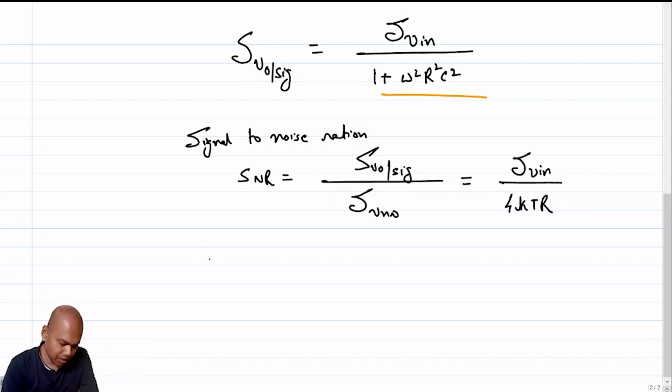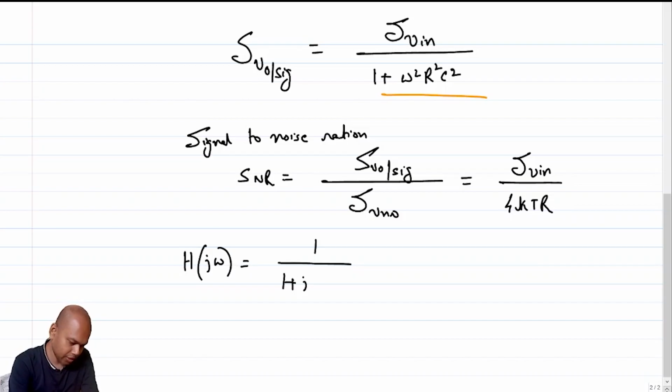So what I'm saying is your h of j omega in this case is 1 by 1 plus j omega RC, because in today's lecture we are dealing in the omega domain just to keep the number of terms under control.